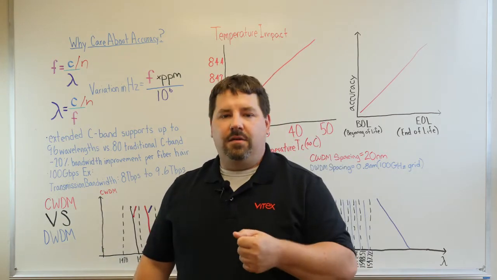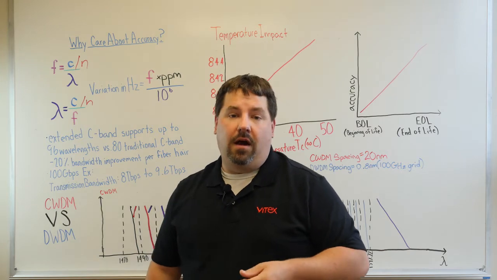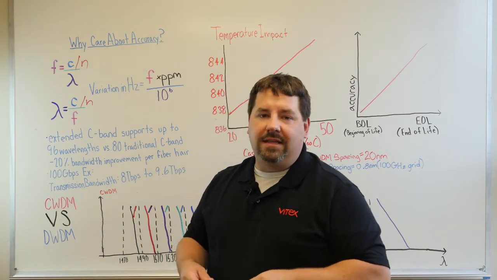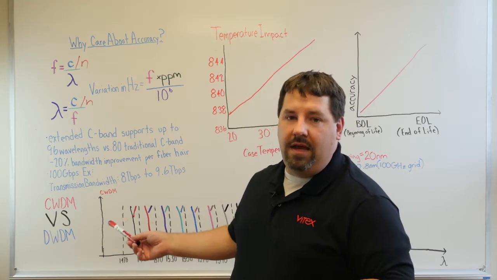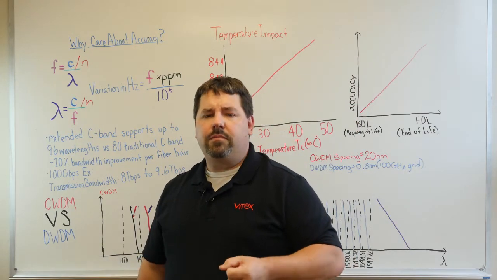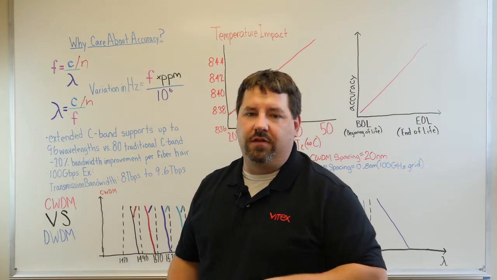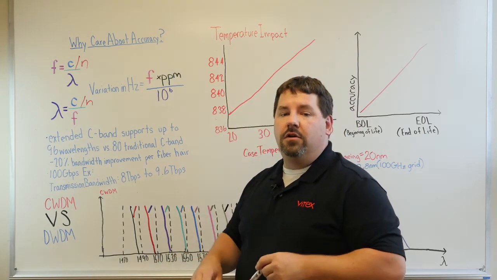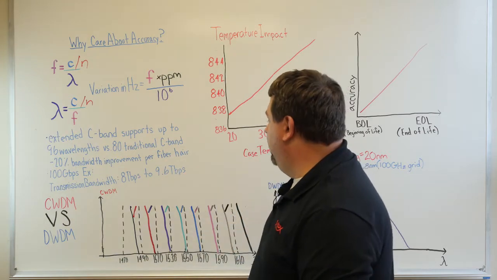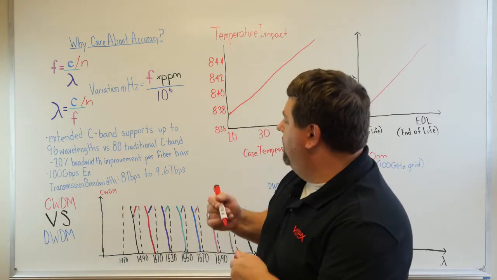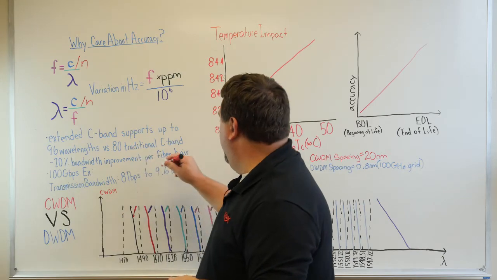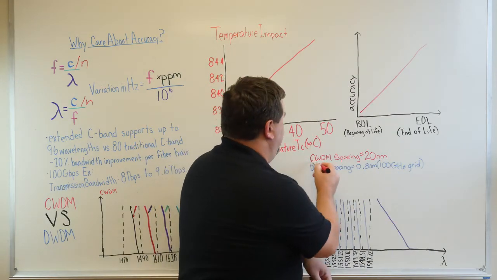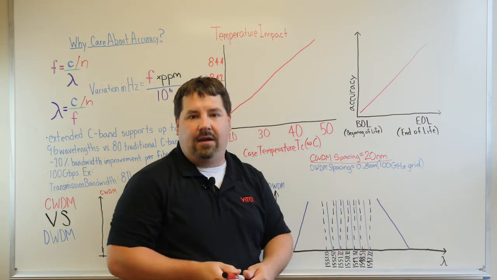So why is this important, especially in some telecom solutions? We're going to look at some of the different applications, specifically CWDM versus DWDM. We look at these two solutions, and one is definitely more important than the other. We look at our coarse wavelength division, where we have typically a supported channel spacing of around 20 nanometers.